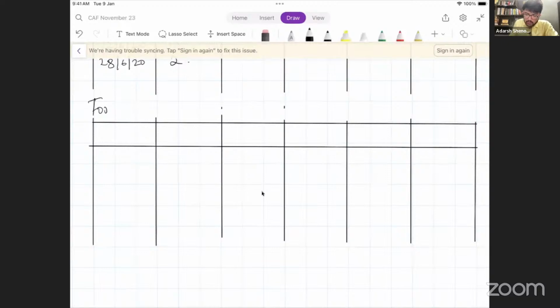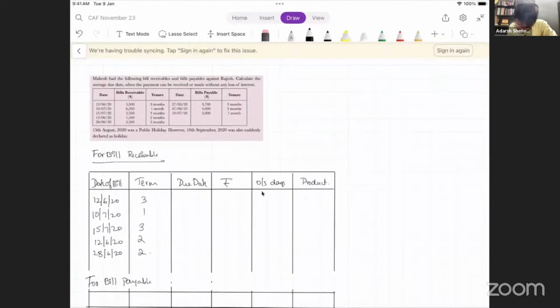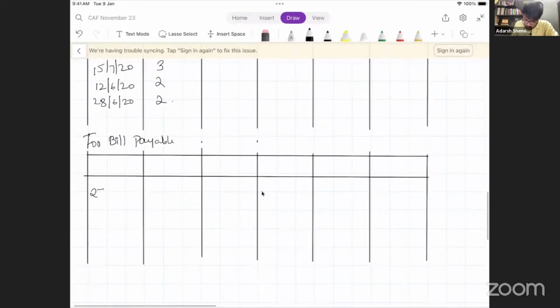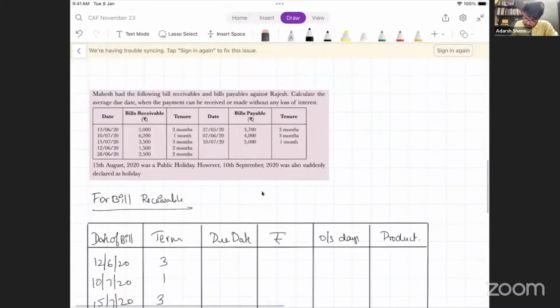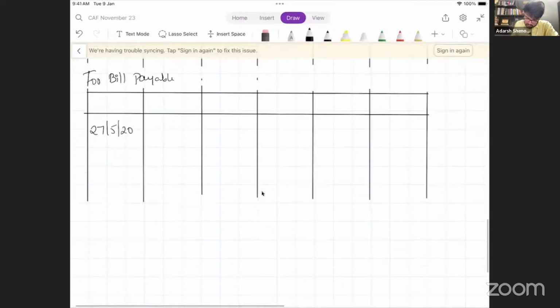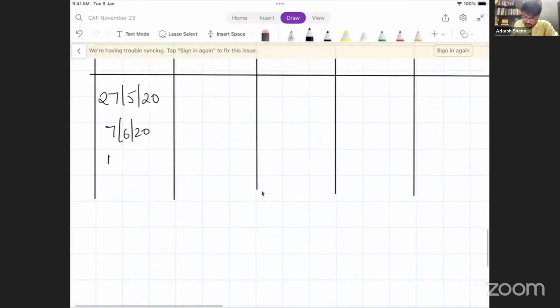This is for bills payable. Another table, same column headings. Dates are 27/5/20, 7/6/20, and 10/7/20.